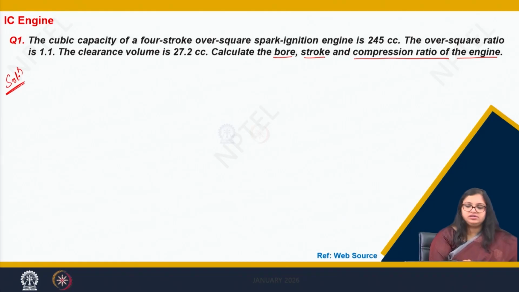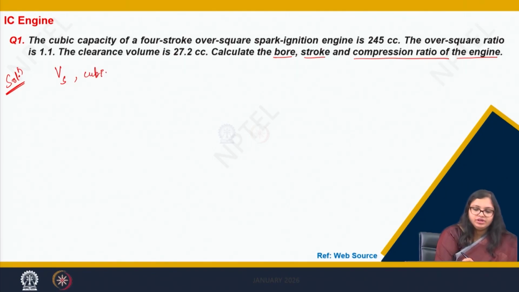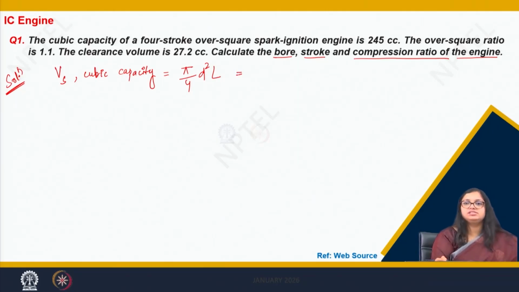So if we see the solution of this problem, my Vs, that is the cubic capacity of my engine, will be equal to pi by 4 d square L. Since it is an over square engine, my d will be greater than L. So how much is d greater than L? It is greater by 1.1.